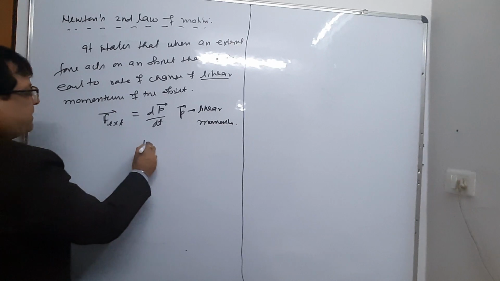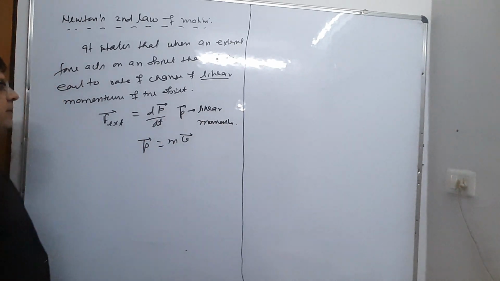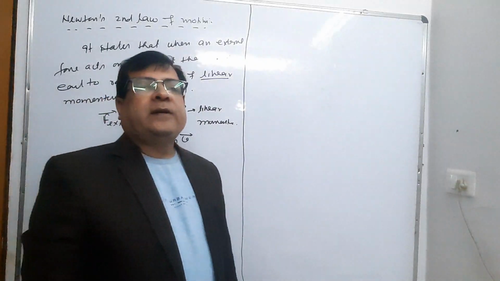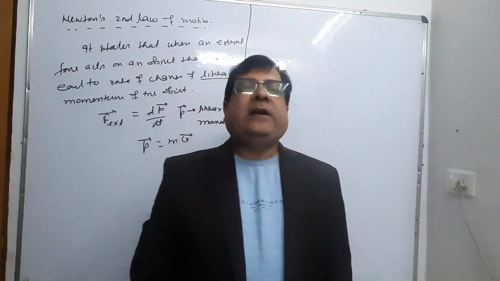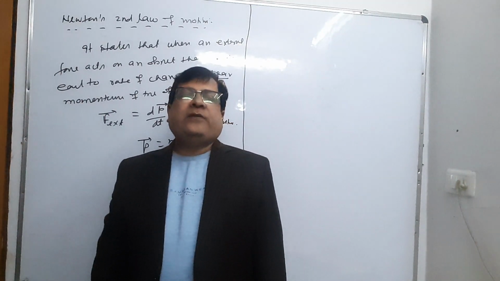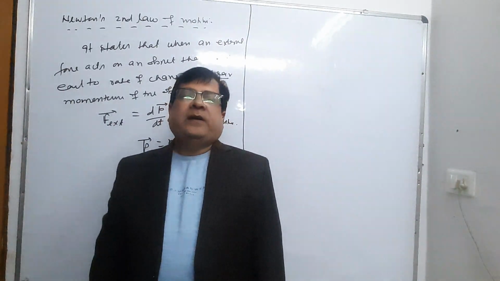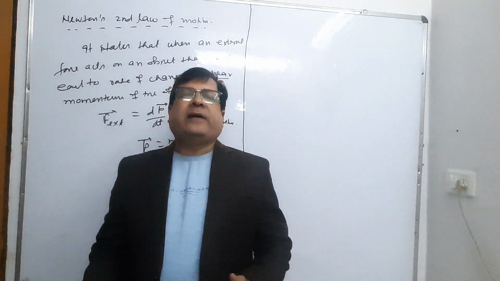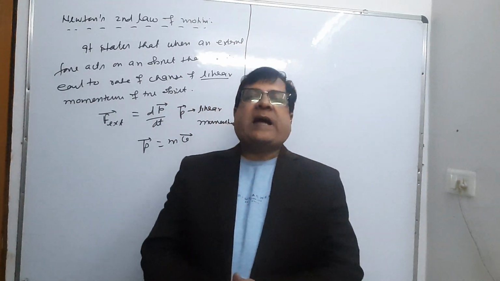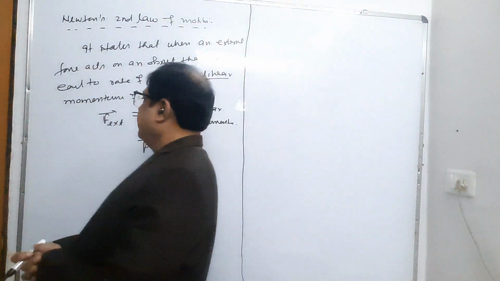Linear momentum is defined as mass times velocity, right? In another video lecture I have already discussed linear momentum in detail. So here we need to find from the second law how one can calculate the external force, right?